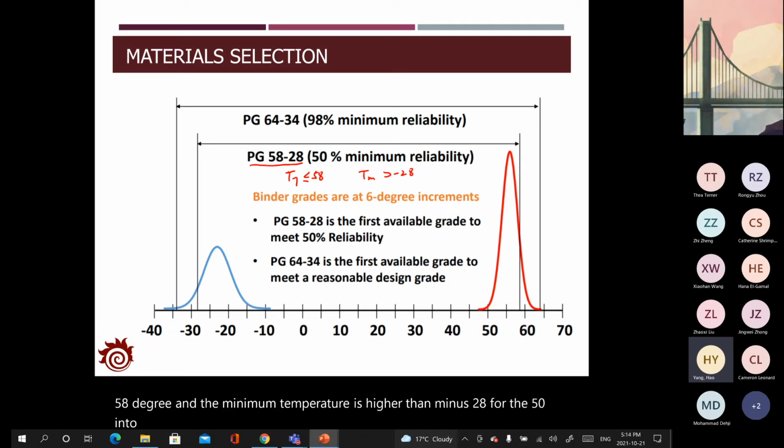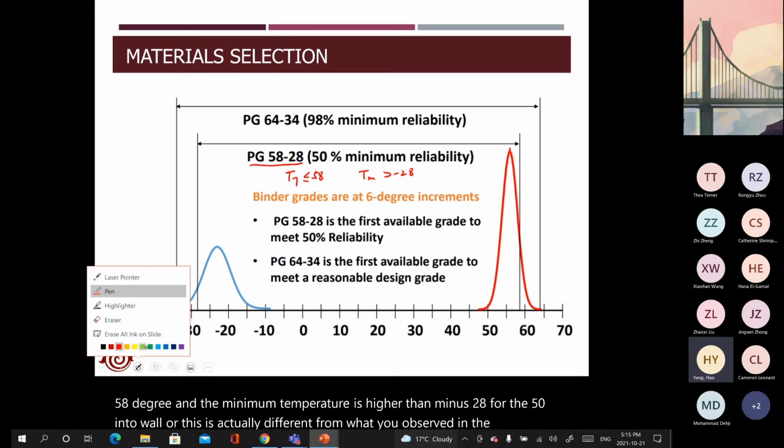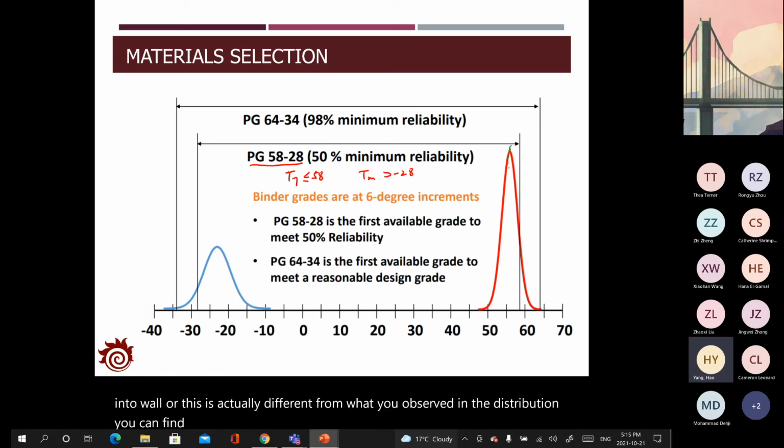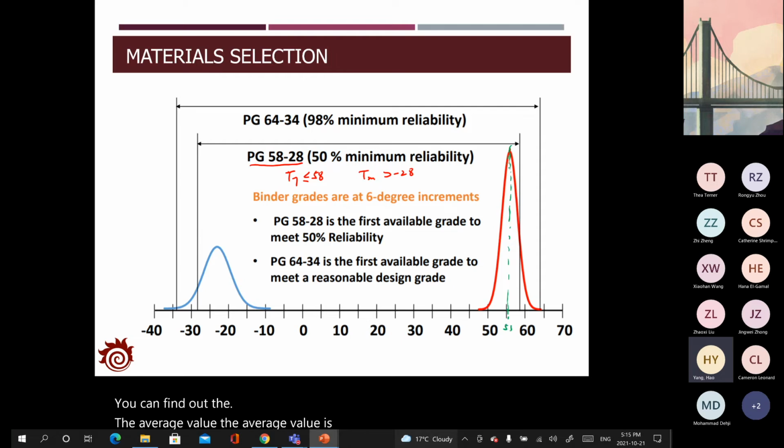This is actually different from what you observed in the distribution. You can find that the average value is probably around 50 degree for the 7-day maximum value.